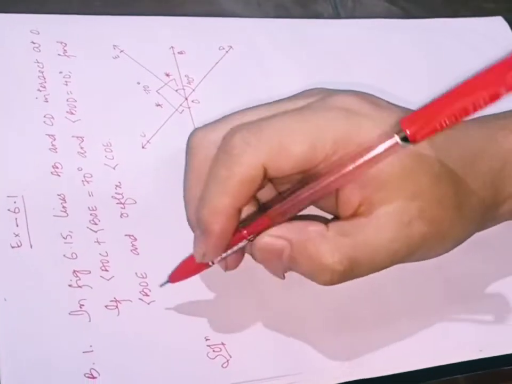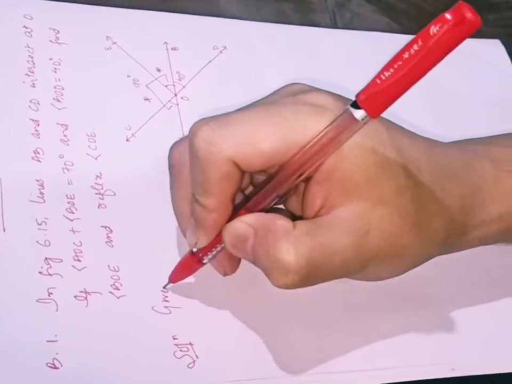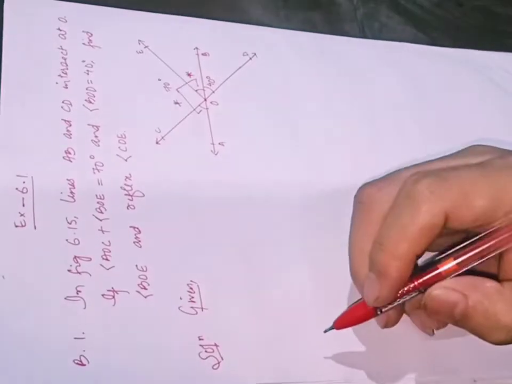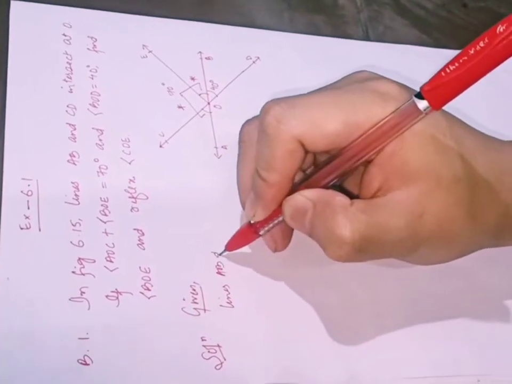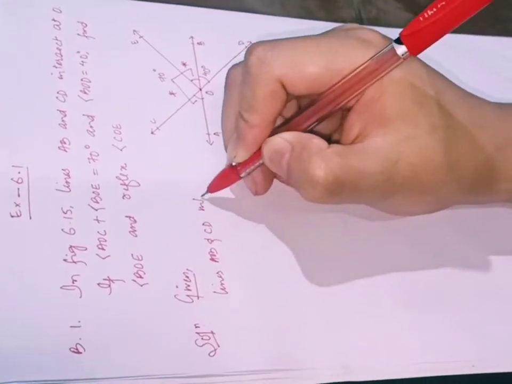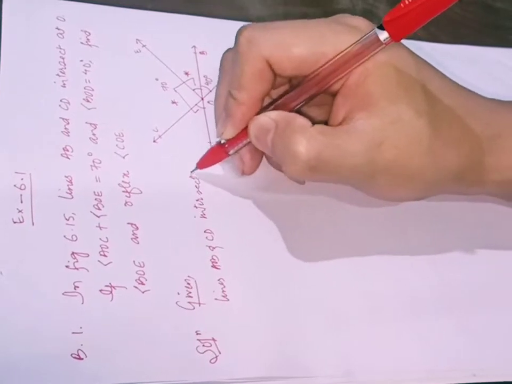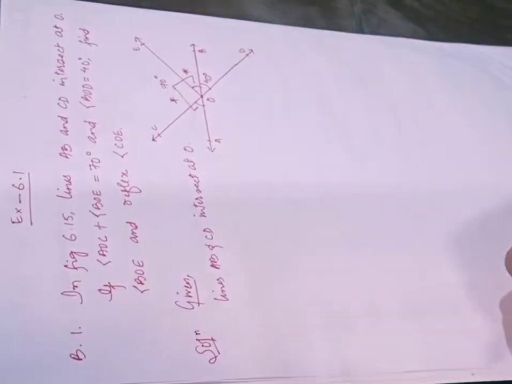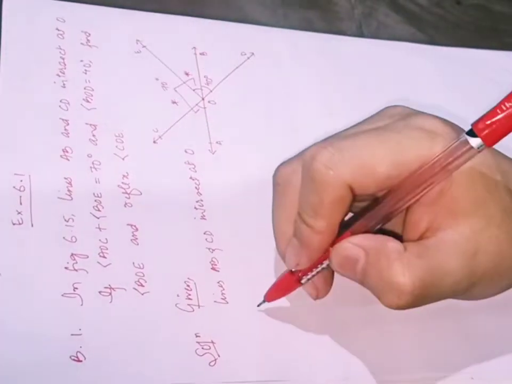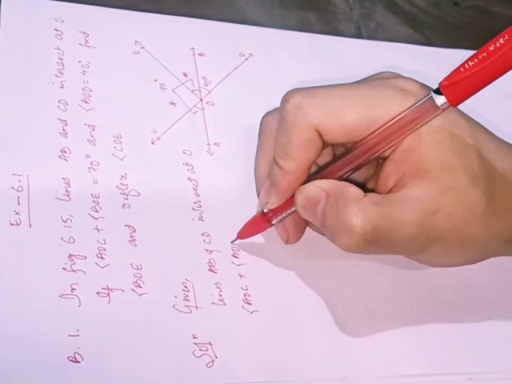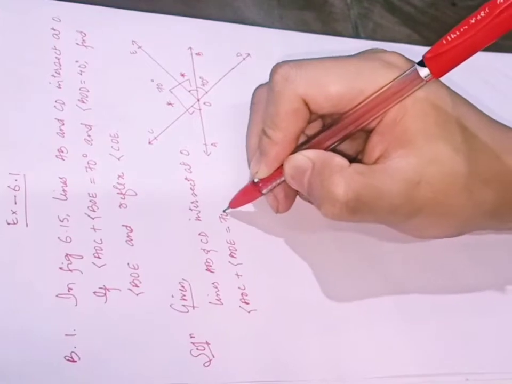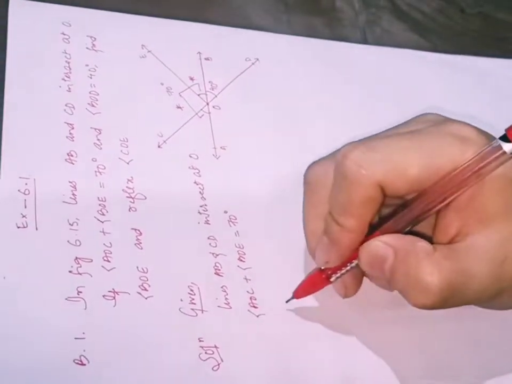So let's write down what is given in the question first. Lines AB and CD intersect at O. This is given, and then angle AOC plus angle BOE is equal to 70 degrees. This is also given.